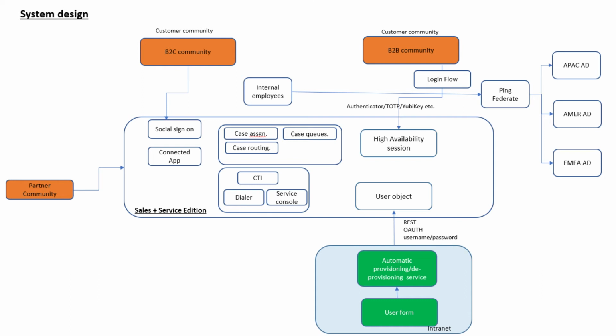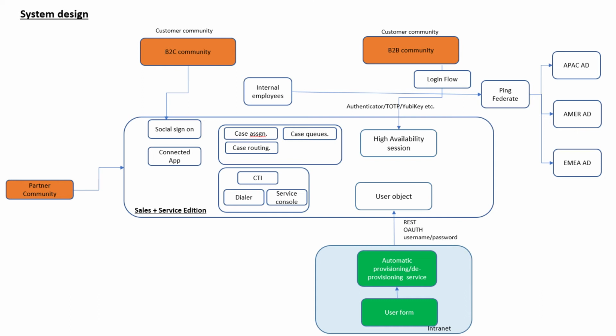Then we also have a requirement wherein we have to automatically provision or deprovision the user when they join the company or leave the company. Now, there are multiple approaches possible here. One approach is that we could implement a web service and host that code on the company intranet.